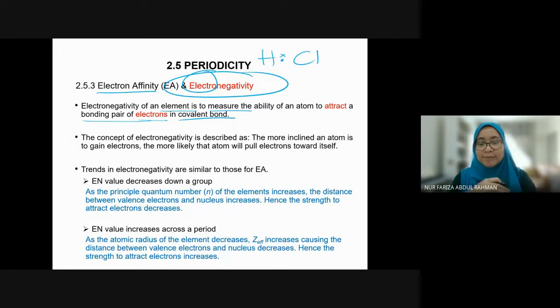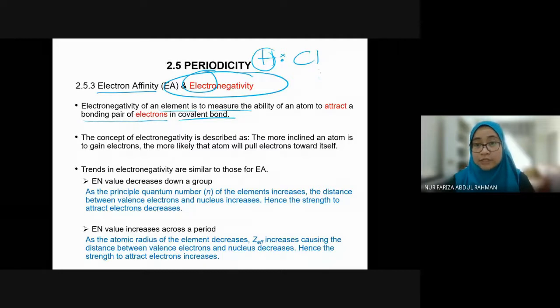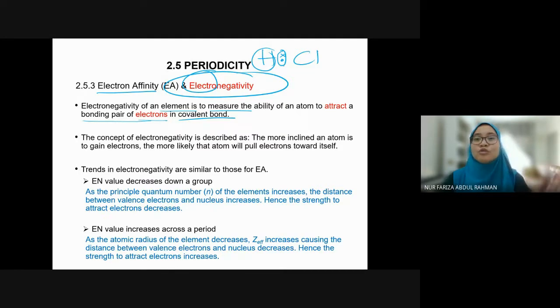But due to different electronegativity, hydrogen and chlorine both have different electronegativity. Chlorine is more electronegative than hydrogen. When chlorine is more electronegative than hydrogen, it is powerful enough to attract these two electrons towards itself. It is still sharing but it is biased towards chlorine.